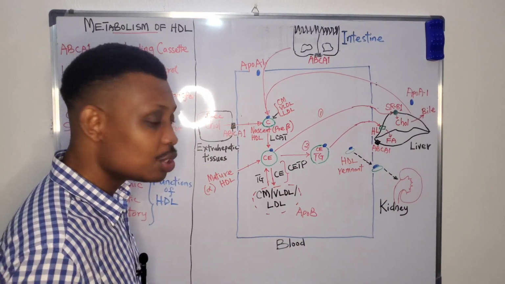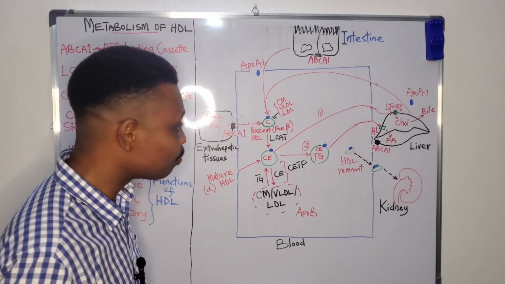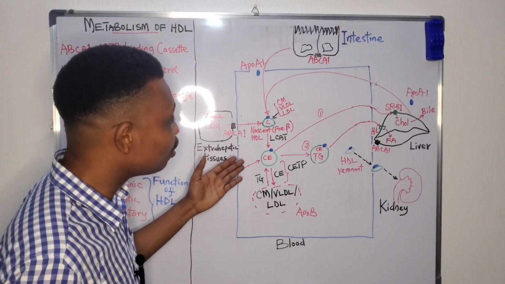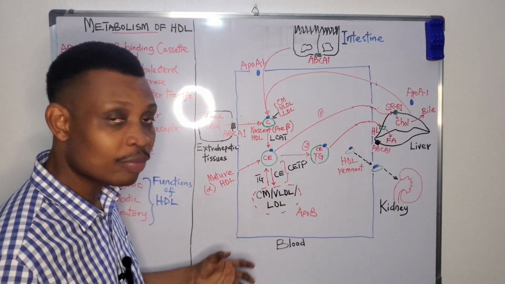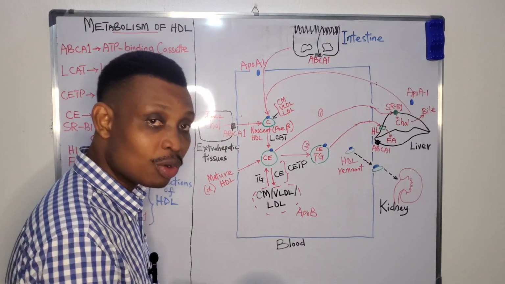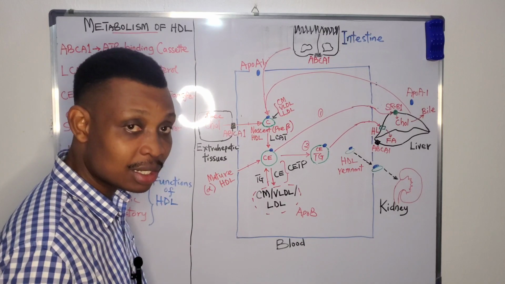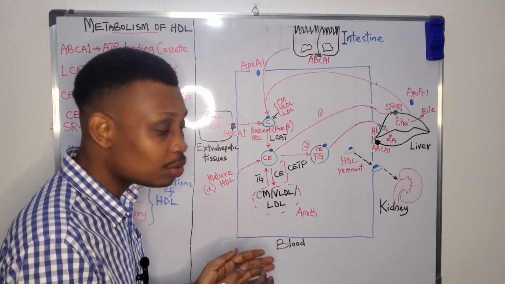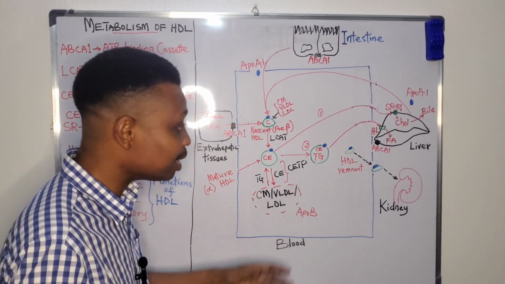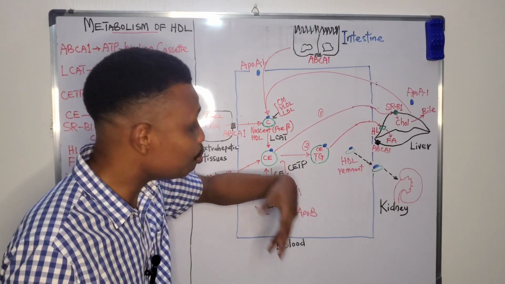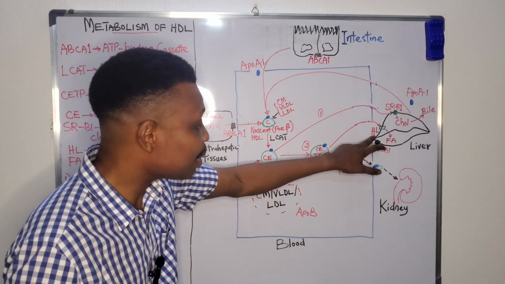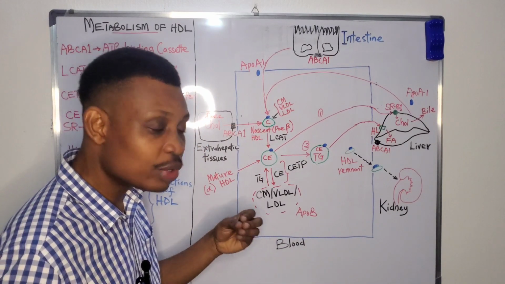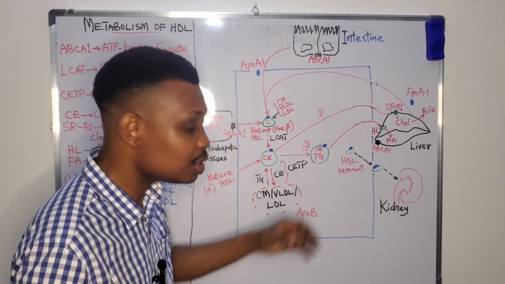So whether the mature HDL particle is taken up directly by the liver, or exchanges cholesterol esters for triglycerides to form a particle that is rich in triglycerides, which is then taken up by the liver and hydrolyzed by hepatic lipase, it will result in the formation of HDL remnant.